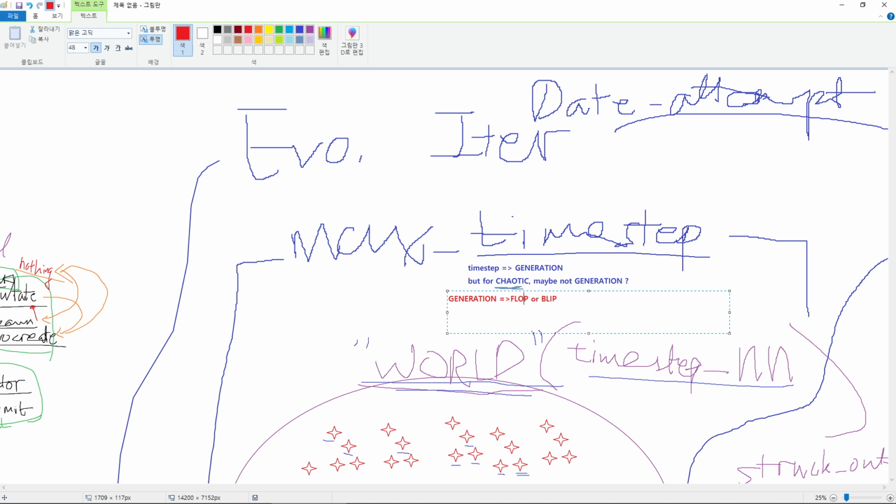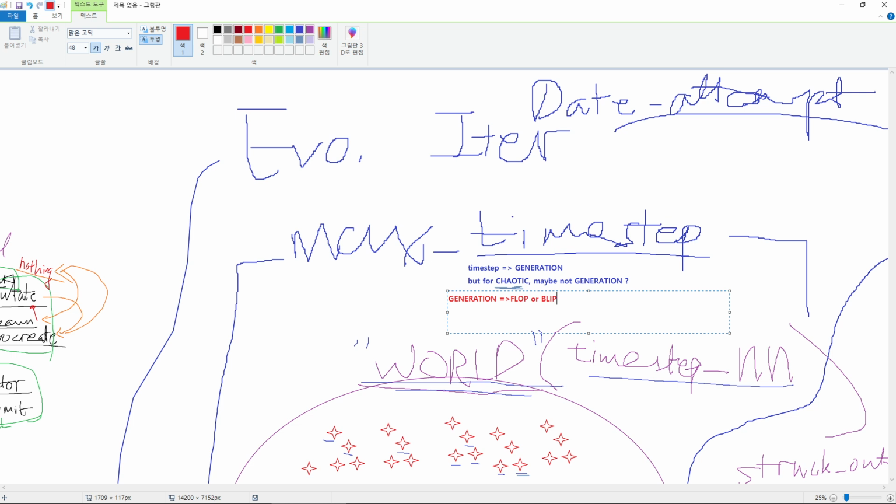Initially I went with the word flop, but now that I think about it, blip is a bit cuter, it's more catchy, so I think I'll use blip.